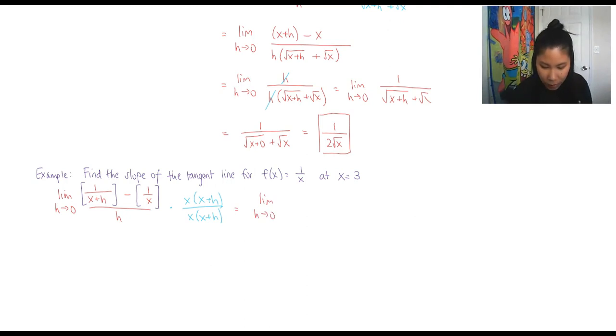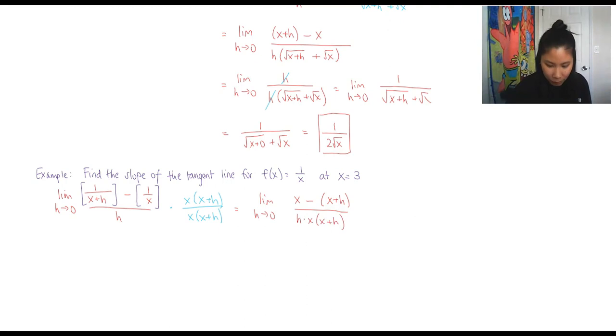So on top, the x plus h's will cancel out of the first fraction, leaving us with just x. And then for the second fraction, the x's will cancel out, leaving us with the x plus h. But keep in mind, because I have that minus sign in front, it matters that the x plus h is in parentheses so that I remember to distribute my negative. And on the bottom, we have the h, we have the x, we have the x plus h.